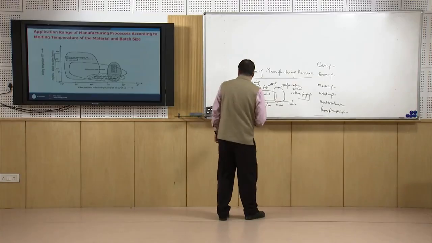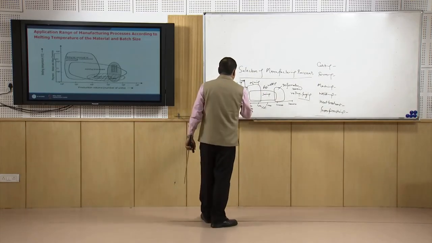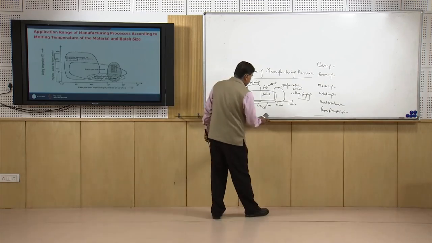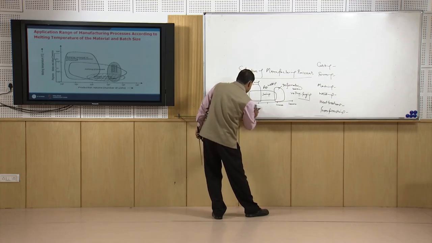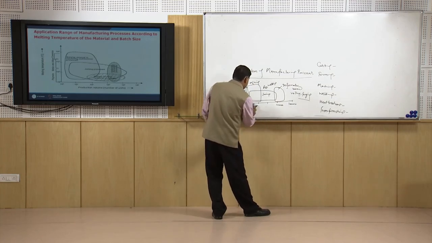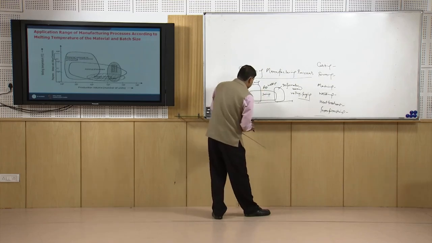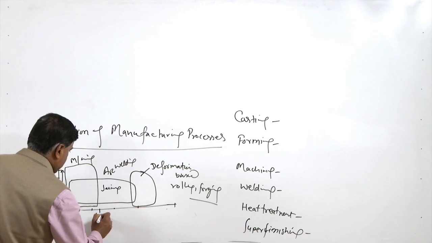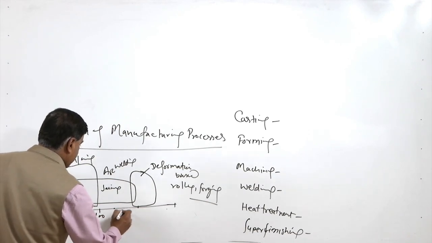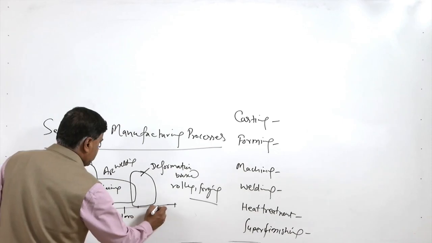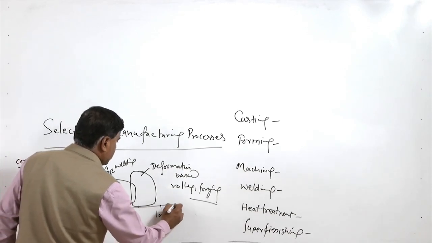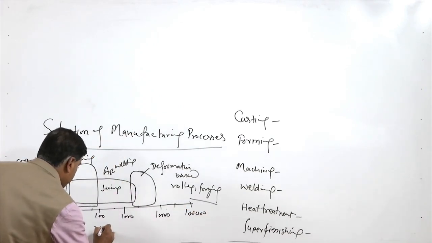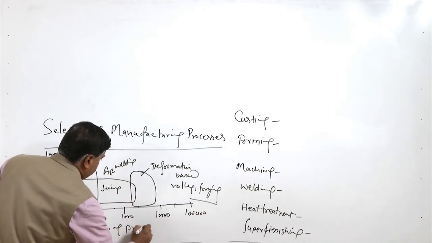So, here we can adjust the scale a little bit on the higher side: 10, 100, 1000, 10,000 and 1 lakh, like this. So, volume of production.